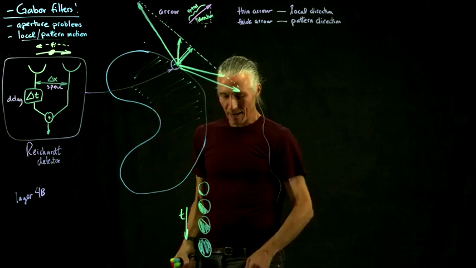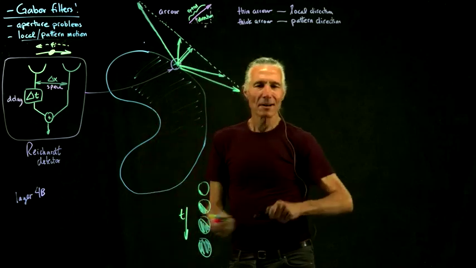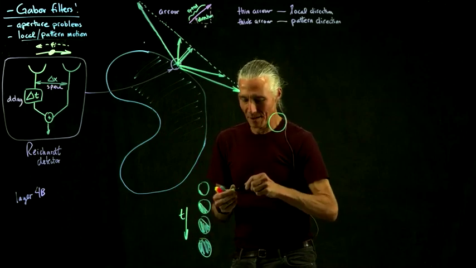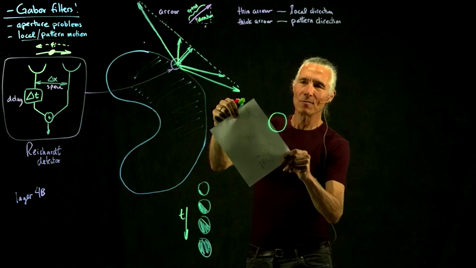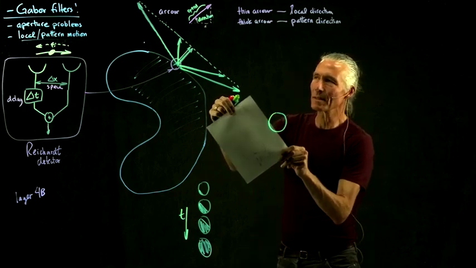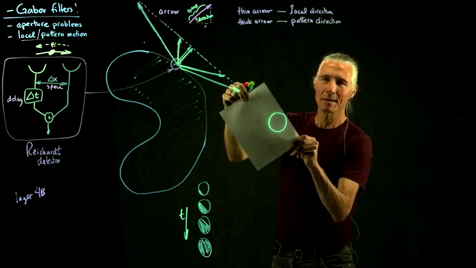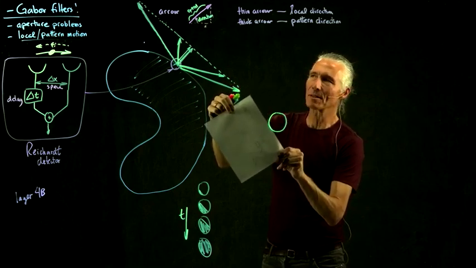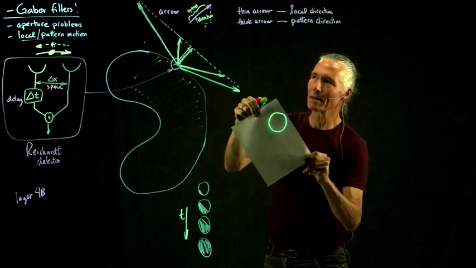So let's take our Reichardt detector and just put it right here. What could we do? We could move an edge through it slowly that way. And that's just the little aperture that the Reichardt detector is looking at. But what if we took an edge and went faster this way?